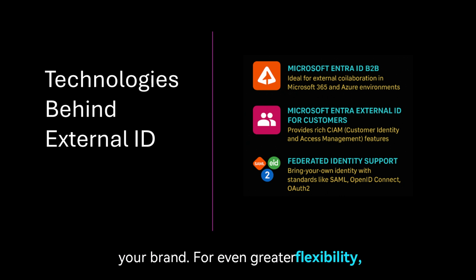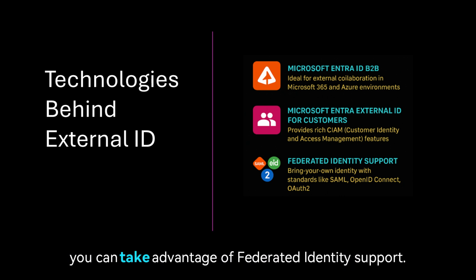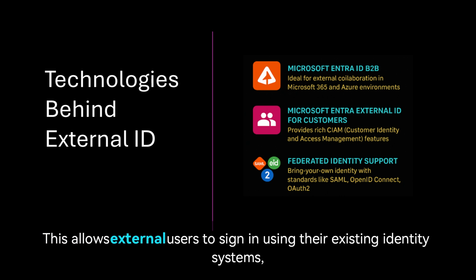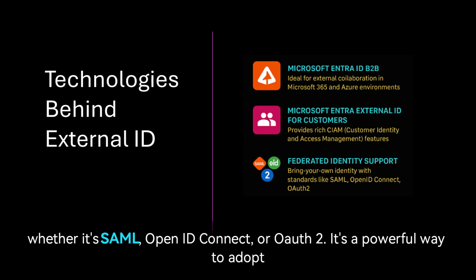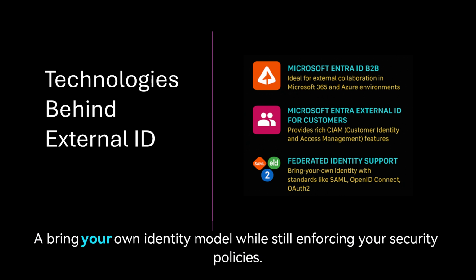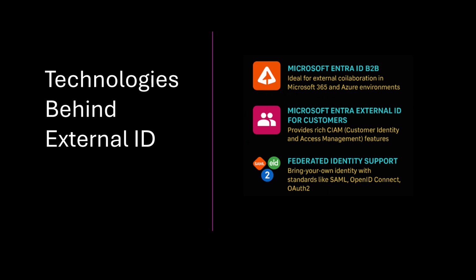For even greater flexibility, you can take advantage of federated identity support. This allows external users to sign in using their existing identity systems, whether it's SAML, OpenID Connect, or OAuth 2.0. It's a powerful way to adopt a bring-your-own identity model while still enforcing your security policies.